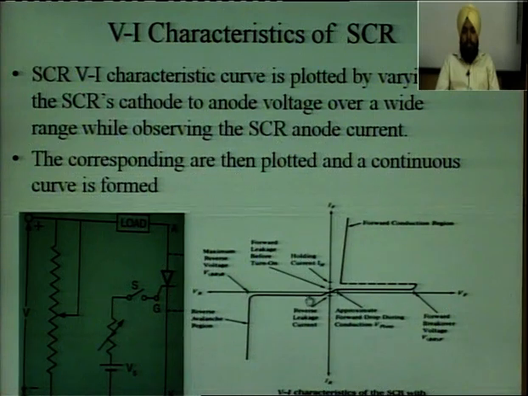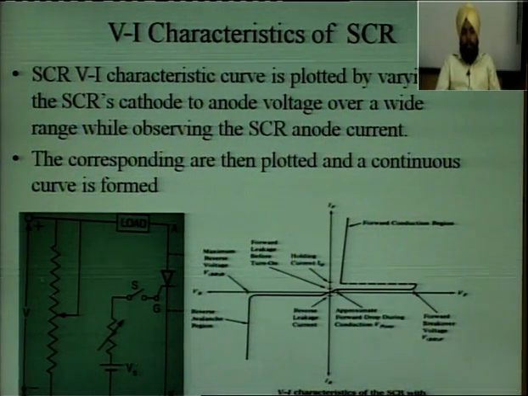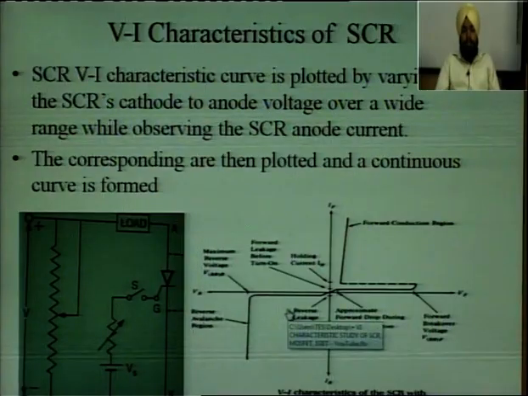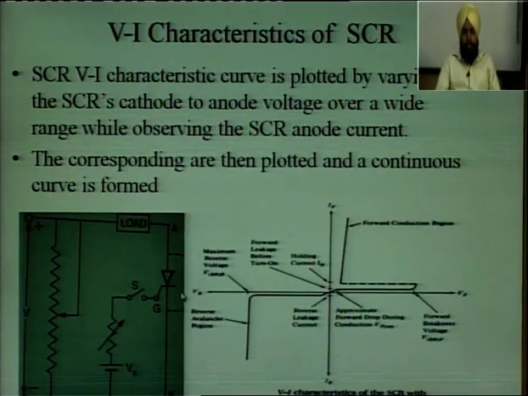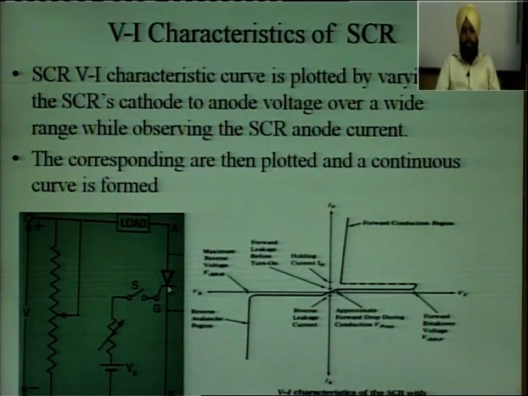So, the second case is when reverse bias is applied across the thyristor. When reverse bias is applied, all the junctions J1, J2, J3 will be reverse bias, and then no current will flow, but a small current will flow, that is the reverse leakage current through this SCR.